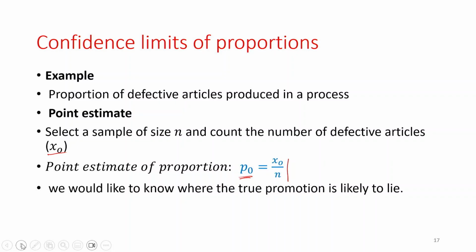We would like to know where the true proportion is likely to lie. Now this is the observed value, but where is the actual true proportion? This value may match, may not match.